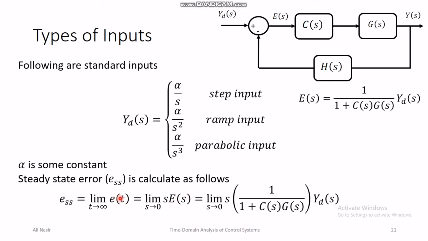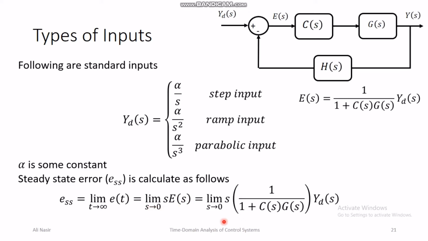So this is the final value theorem, that you can determine the final value of a time domain signal in the frequency domain by letting the frequency go to 0.